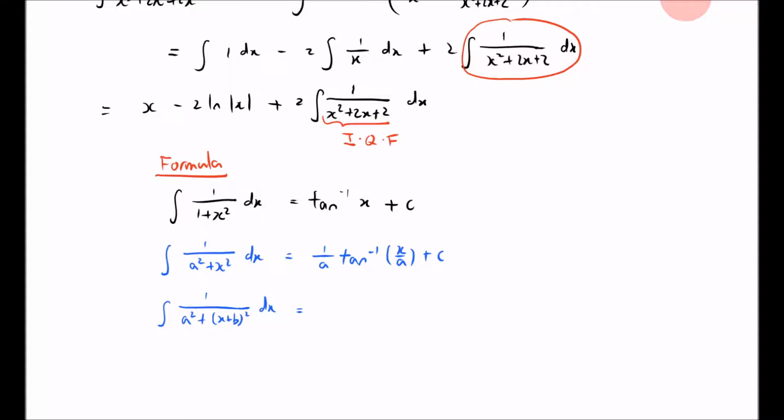So you have this form, so you have to use the formula 1 over a tangent inverse of x plus b over a. So sorry, no square. So x plus b over a bracket, and this is a.